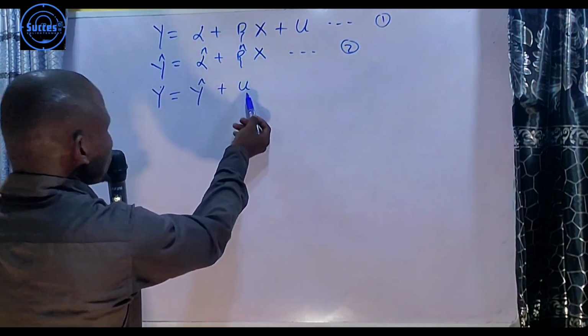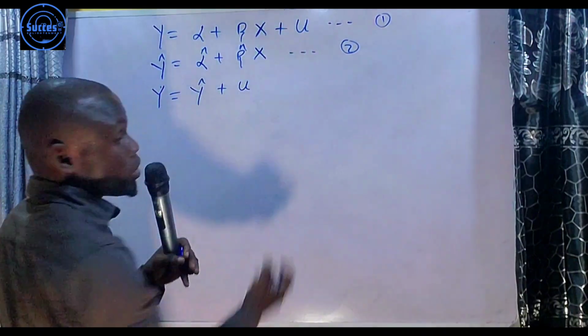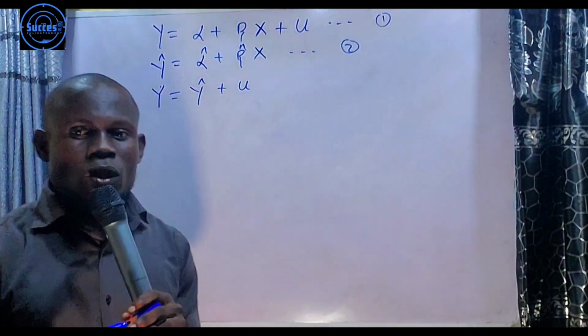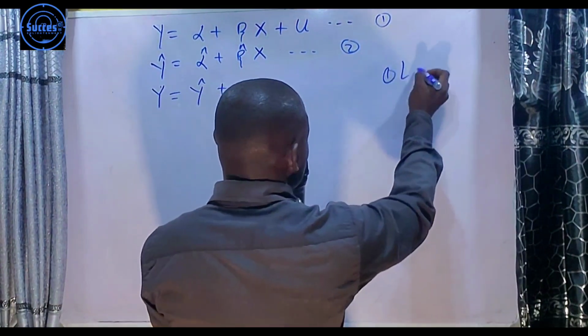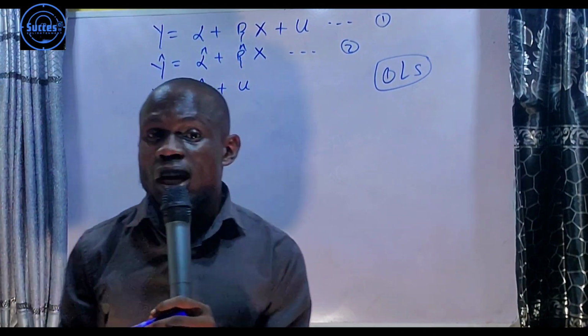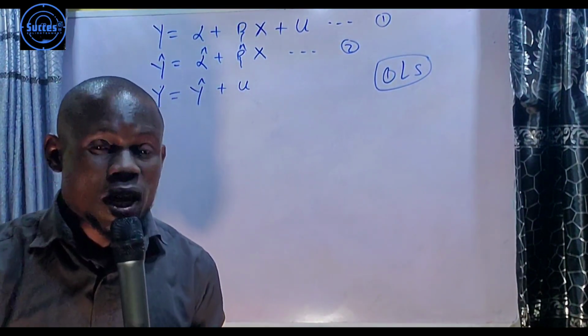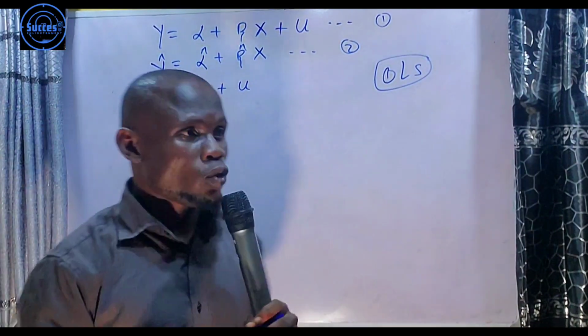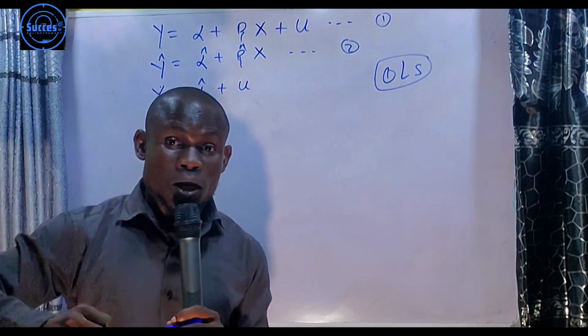So this is the estimate plus the error term back, and that gives us our y, because the error term is the only thing that is not there. But when you look at the ordinary least square, OLS, that we are using, the primary objective of the OLS is to minimize the sum of square error, or sum of square residual.